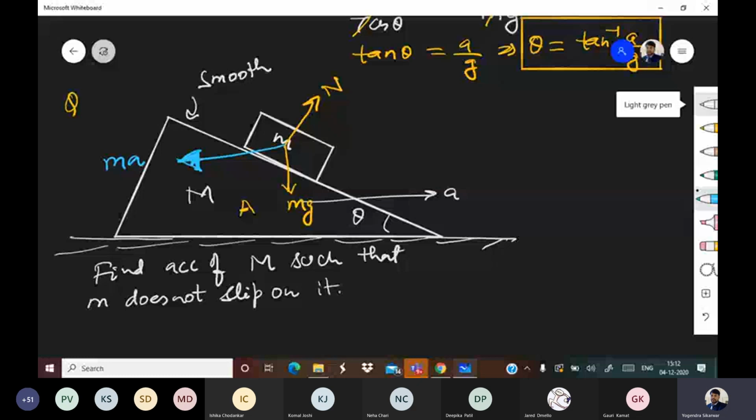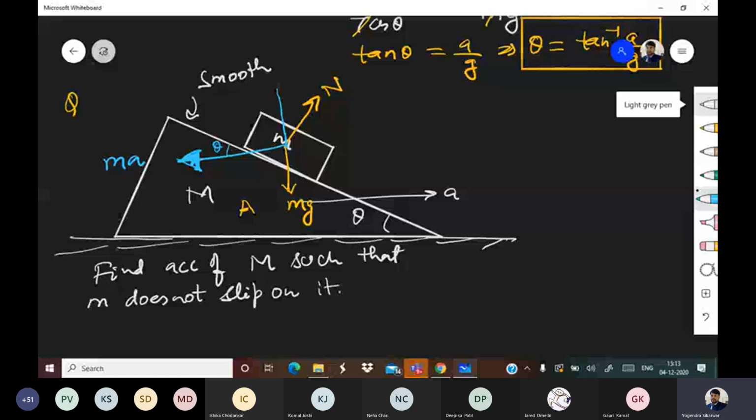Now, when all these three forces are acting, the object is at rest. Pay attention, this angle is theta, so this will also be theta, this was also theta, so this is theta. So vertically it will be N cos theta, horizontally it will be N sin theta.